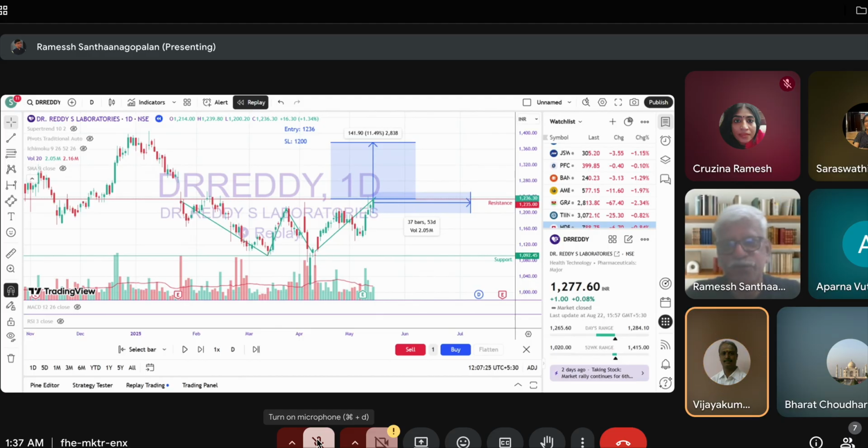Easy, so easy to find out. Now we have seen that this stock is going to break out, and if it breaks out, it is going to reach up to this level. That target will be reached within this so and so date. See how easy.